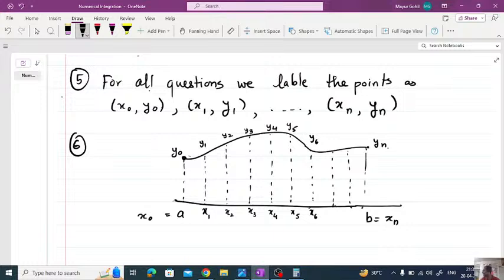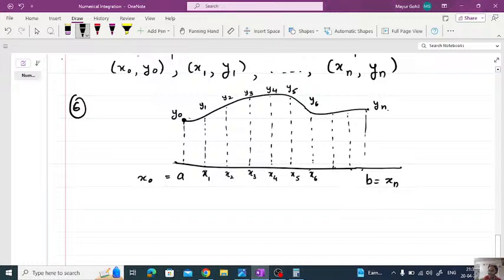Are you following this diagram? Now how is x1 made? x1 is made by adding h.